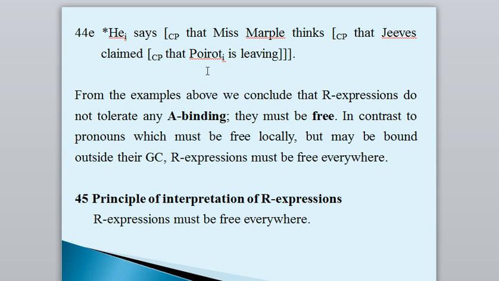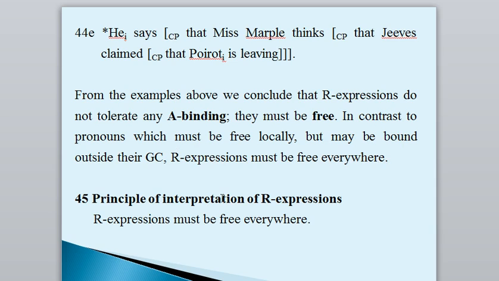So from the examples above, we conclude that R-expressions do not tolerate any A-binding. They must be free, in contrast to pronouns, which must be free locally but may be bound outside their governing category. R-expressions or proper names must be free everywhere.